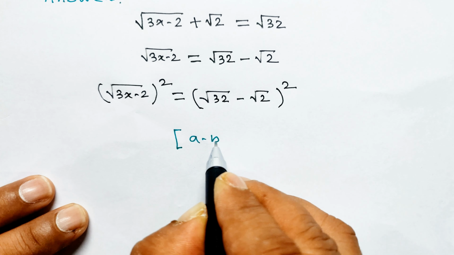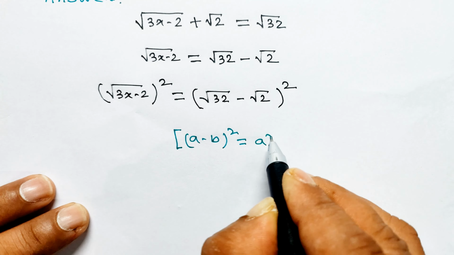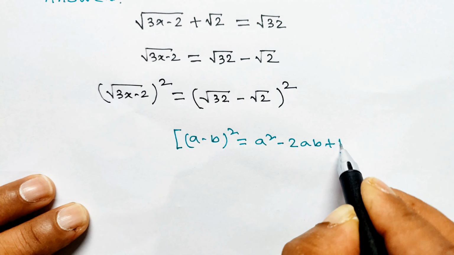A minus b whole square equal a square minus 2ab plus b square.